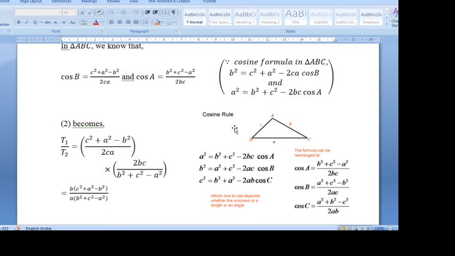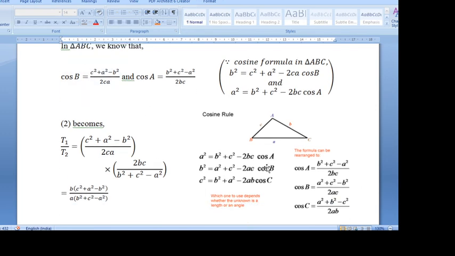Therefore, the cosine rule says that a square can be written as b square plus c square minus 2bc cos A. In a similar way, b square can be written as a square plus c square minus 2ac cos B, and c square can be written as b square plus a square minus 2ab cos C.